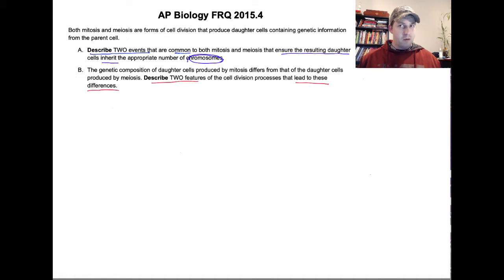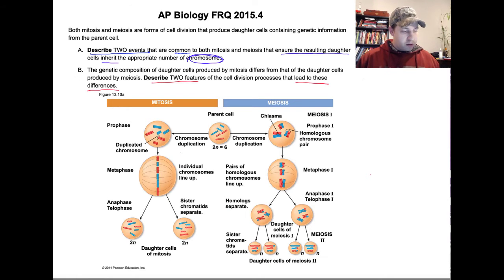Now, to help me out, I'm thinking back to one of the figures from chapter 13 of our text, figure number 10. We get a direct comparison between mitosis and meiosis, so let's take a look at where they're similar, and then we'll jump into Part B and take a look at where they're different.